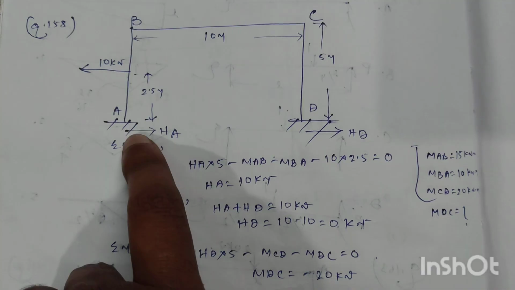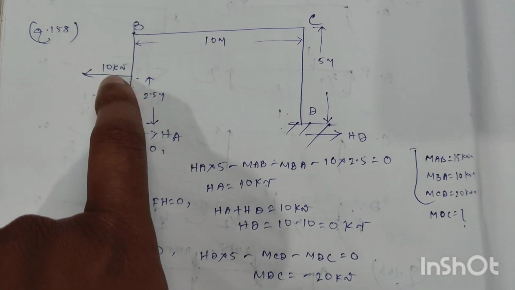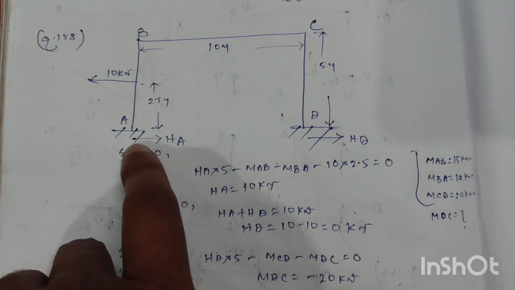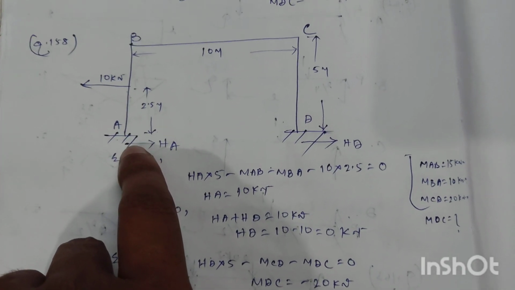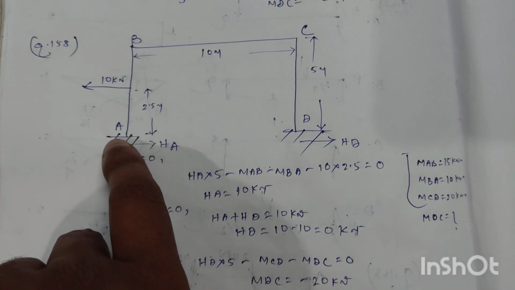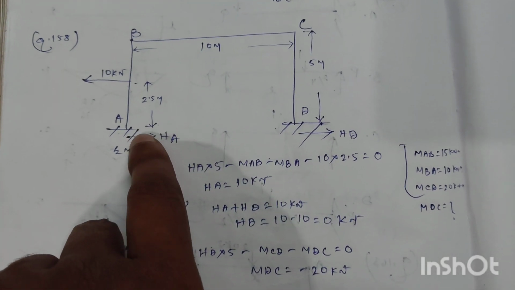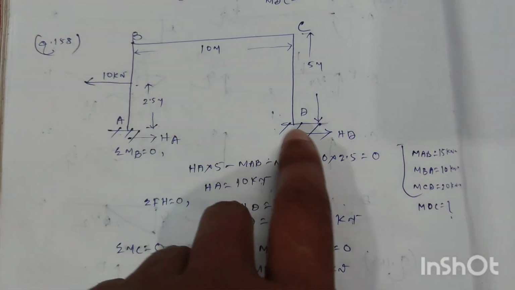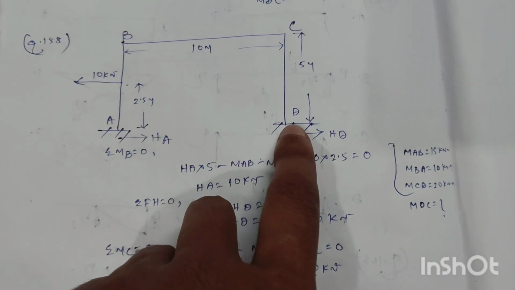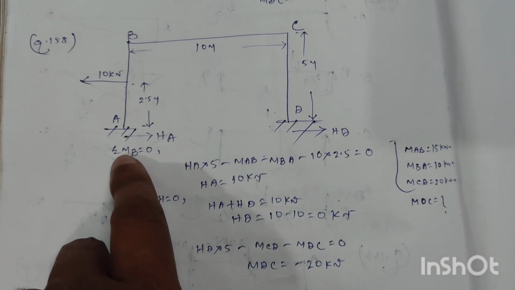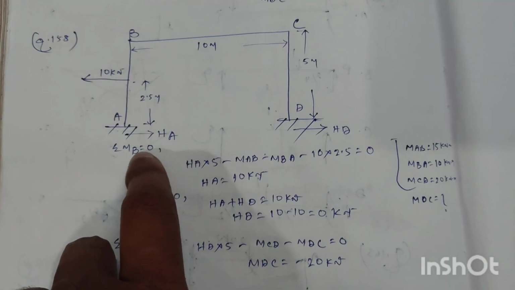Now see, as this is a horizontal loading of 10 kilonewton, we will consider only the horizontal reaction at both supports, at A and at D. Suppose the horizontal reaction at support A is HA and the horizontal reaction at support D is HD. Now taking moment at point B, the summation of moment at point B is equal to 0.